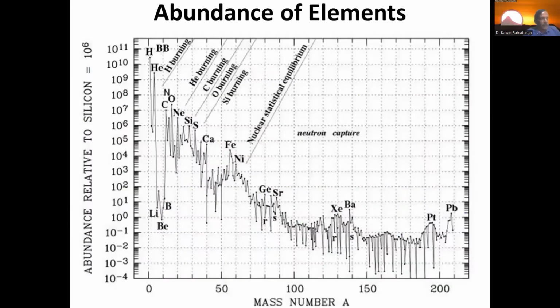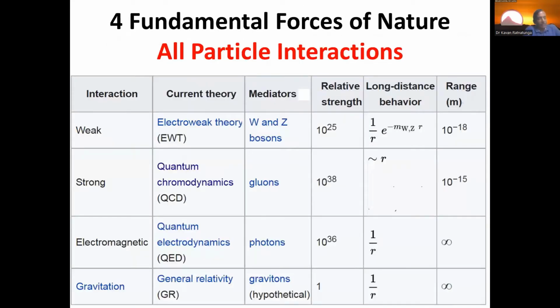We also can predict what the abundance should be and what abundance we see of all these elements. And so we understand what matter is at the atomic level. Then we have other forces, which I'm not going into the theory. There are 4 forces of physics called the weak, strong, electromagnetic, and gravitation, with the weak and the strong being what keeps the nucleus of an atom together.